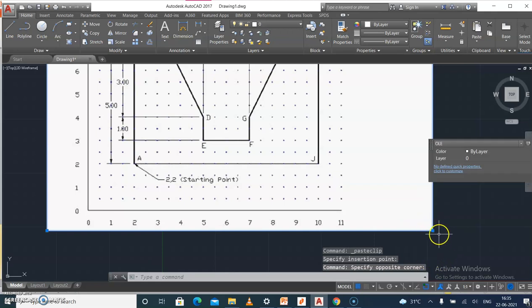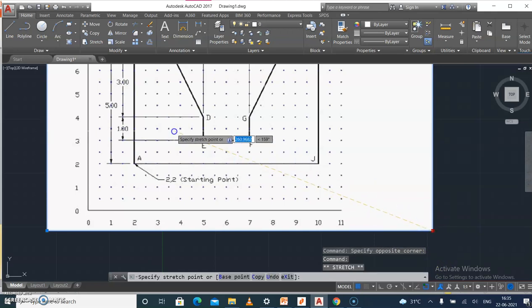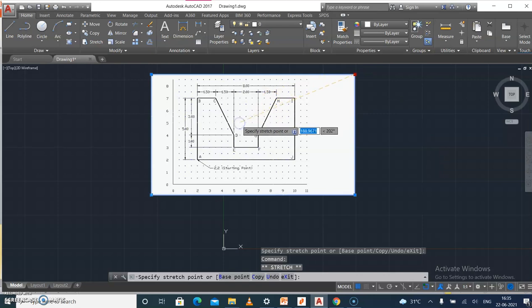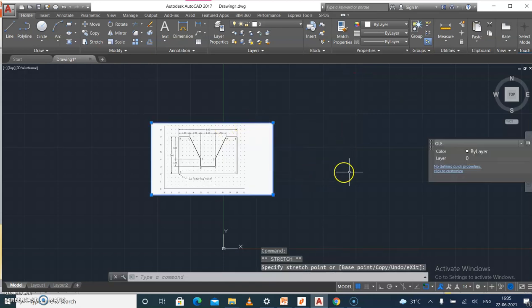Resize it using the arrow. Okay. Now draw the diagram.